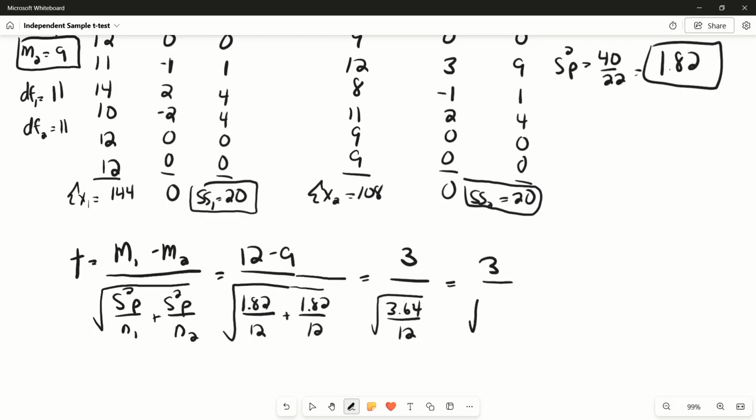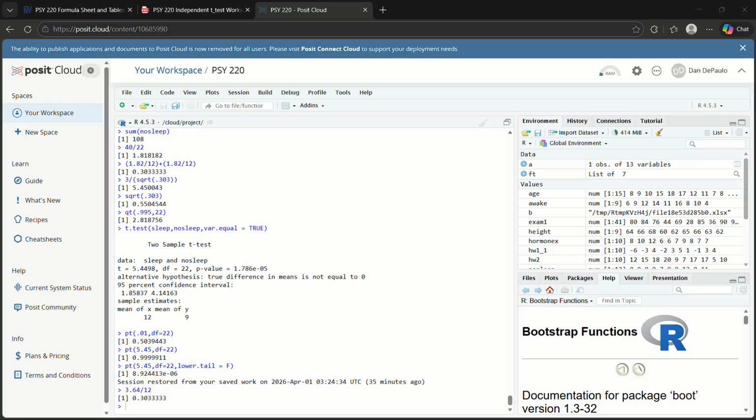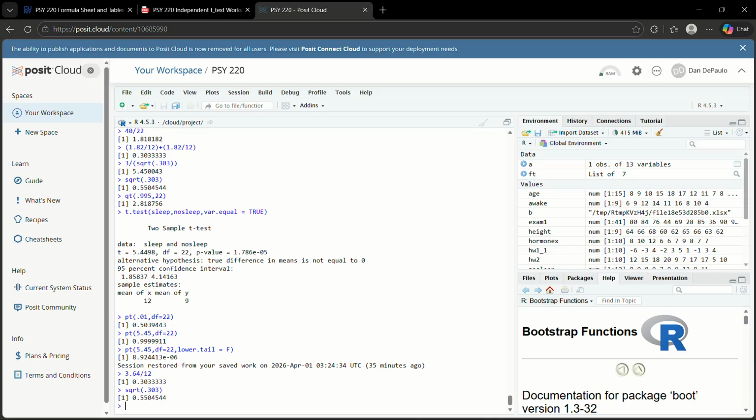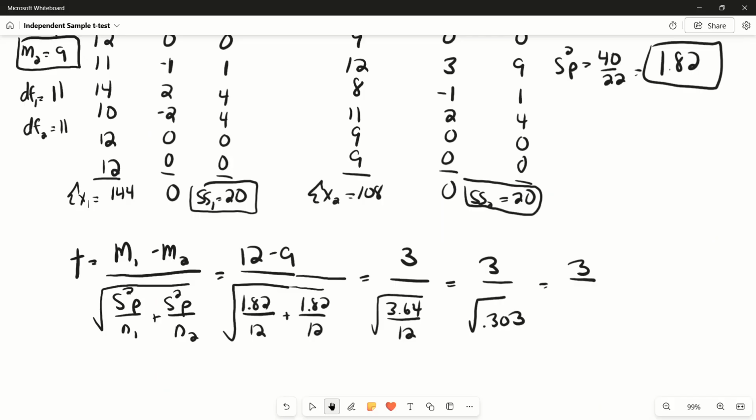So this is going to be 3 over the square root of 0.303, which is 0.550. And when I do that, I get approximately 5.45 as my t-value. That's a pretty big obtained t-value. So I'm feeling pretty confident that we're going to reject the null with this large of a t-value.